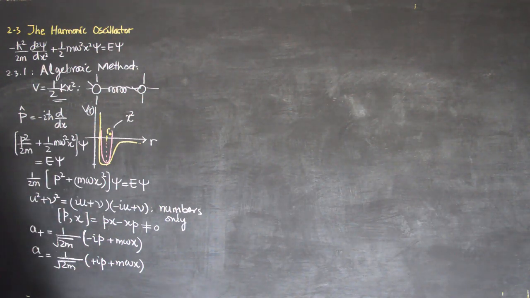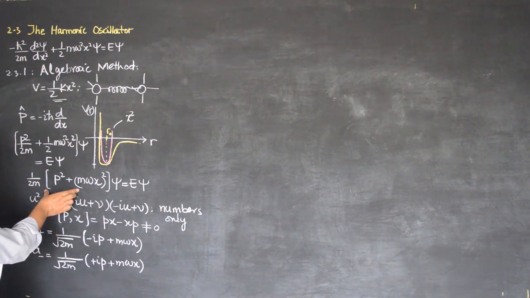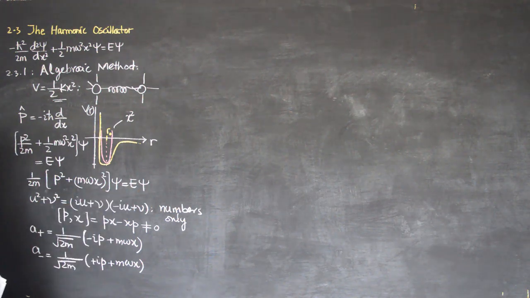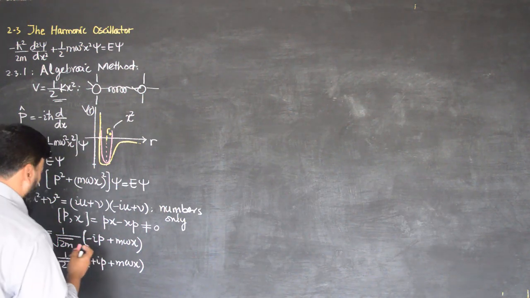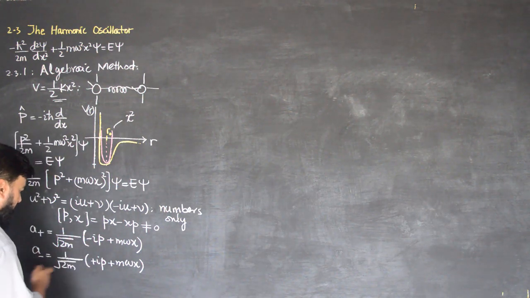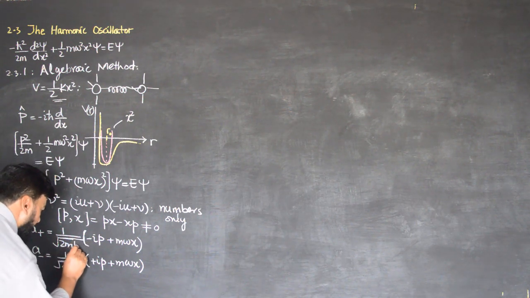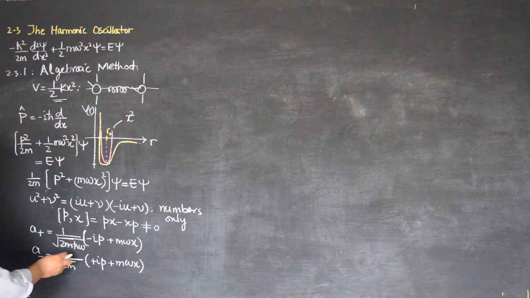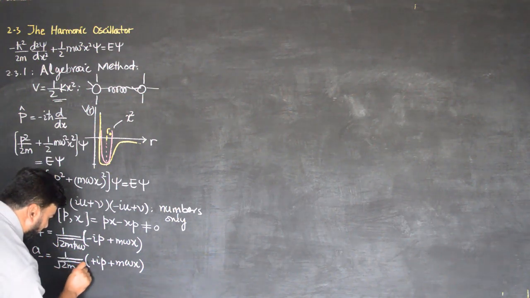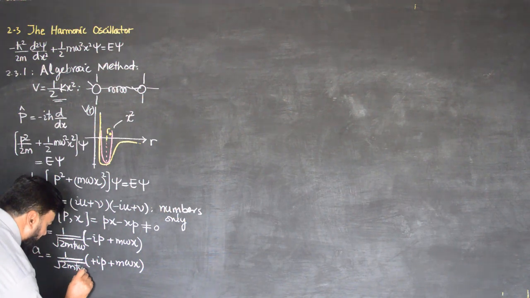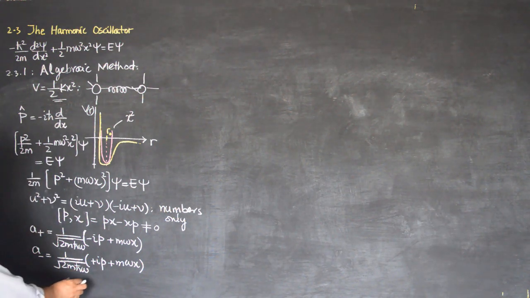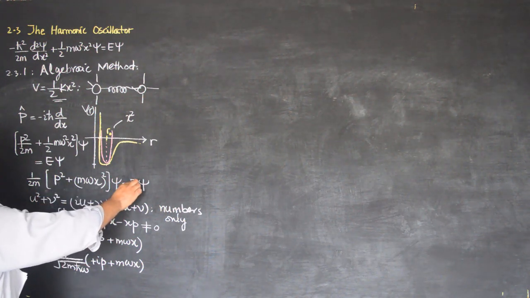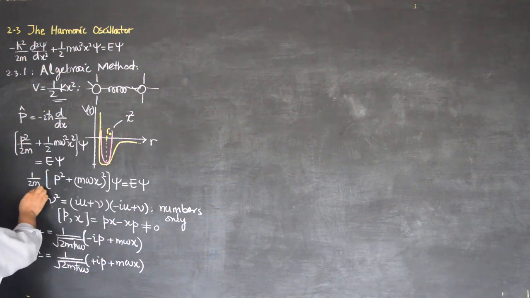Now, for convenience, this has been factorized and this is equal to E psi, but for convenience I am writing one extra term here, and that extra term is that if I write h bar omega here inside this square root, then my calculation will become easier, and I will tell you in a while what the benefit of writing h bar omega over here is, because this h bar omega, if I write this equal, it will come here.